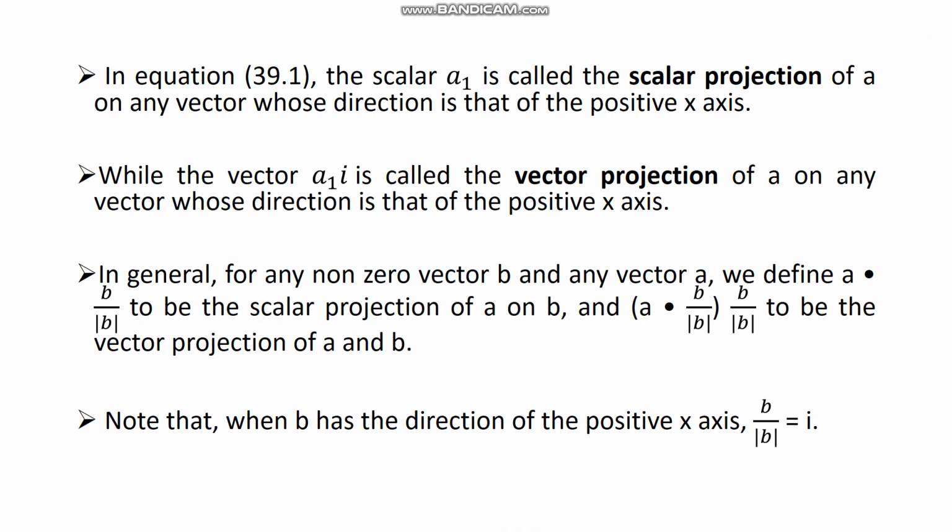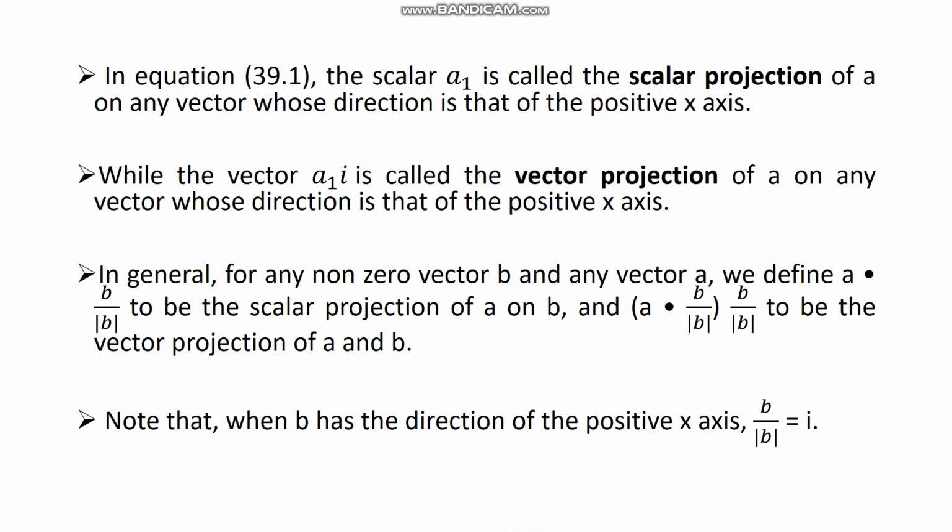In general, for any non-zero vector B, we define A dot B over the magnitude of B to be the scalar projection of A on B. And A dot B over the magnitude of B, times B over the magnitude of B, is the vector projection of A on B.